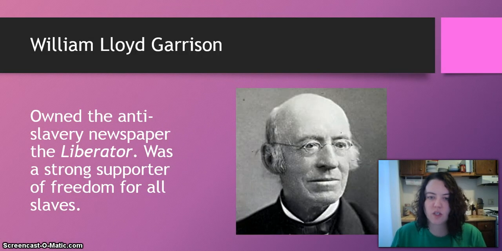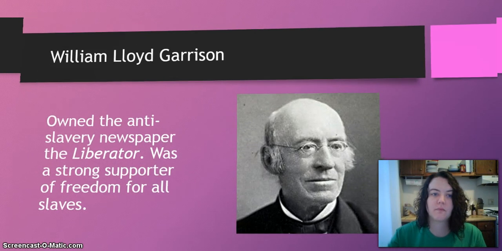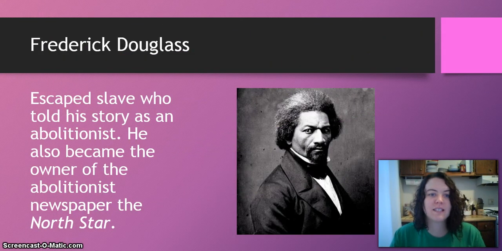The next few questions, again, are about the main people that we studied as part of the abolitionist movement. And so these few slides will cover the next few questions. Now, we just spoke about William Lloyd Garrison, but here he is again. William Lloyd Garrison owned the anti-slavery newspaper called The Liberator, and he was a strong supporter of freedom for all slaves. Next, we have Frederick Douglass.